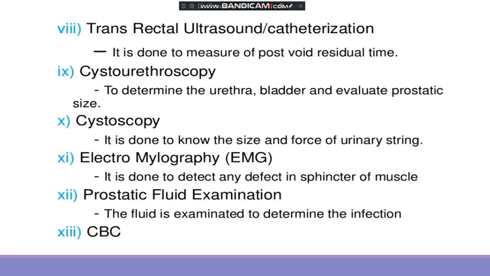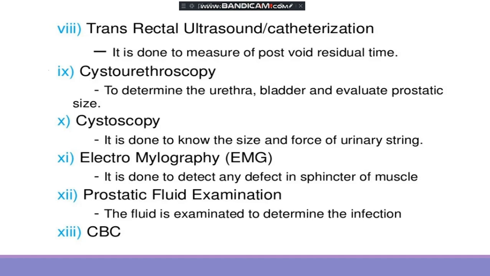Then followed by this, some higher levels of diagnostic measures are also there. Transrectal ultrasound, catheterization. Here we will be measuring the post-void residual volume. Okay. Then cystourethrography. This is to determine the urethra, bladder and evaluate the prostate size. This is a kind of diagnostic measure, that is direct visualization of the structures.